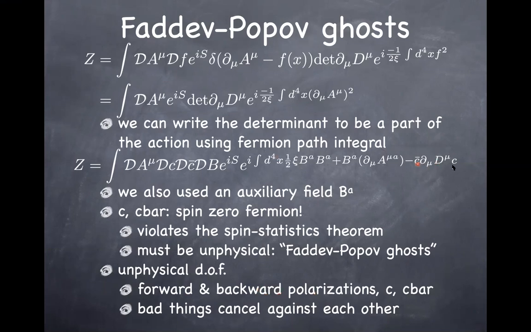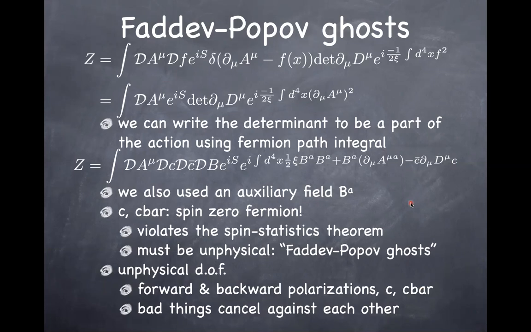But now that we have introduced 2 more unphysical degrees of freedom, it turns out that the way it works is 2 minus 2 is 0. So that's what I meant, bad things cancel against each other. I will make this statement a little bit more rigorous on the next slide, but at least this rewriting of the Lagrangian makes sense. And the fact that C and C bar are ghosts also, I hope, makes sense. And then we try to see how we can reduce the theory down to only the physical degrees of freedom at the end of the day.